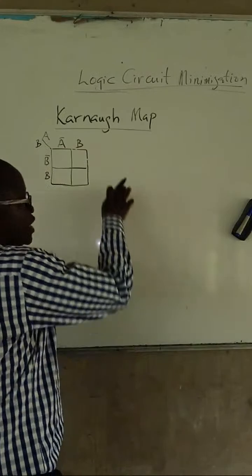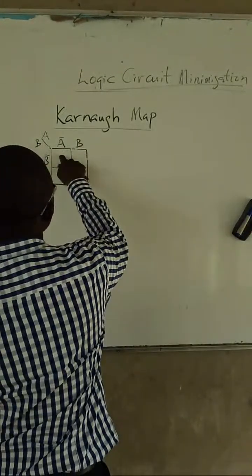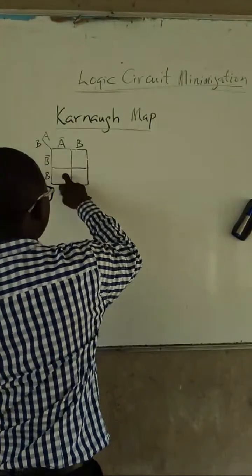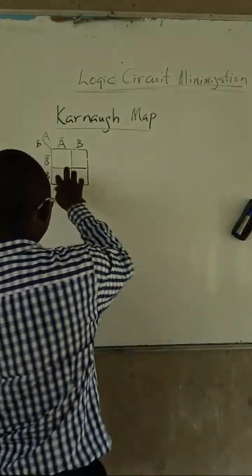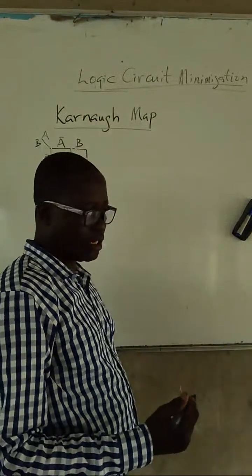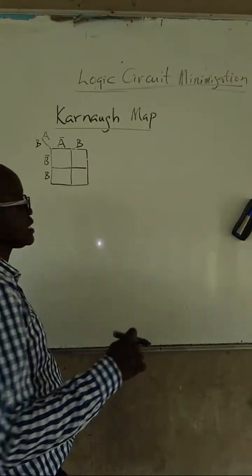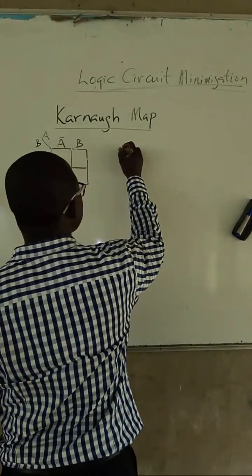So we are now going to look at the expression from the truth table or from the Boolean equation and put the values of where we have 1 into the box, where we have 0 into the box. Now for a 3-input logic circuit, we're going to have 2 raised to 3 cells, that's 8 cells, and it's going to be like this.